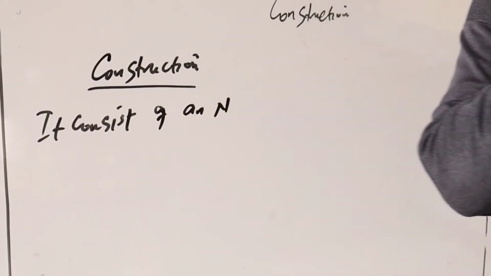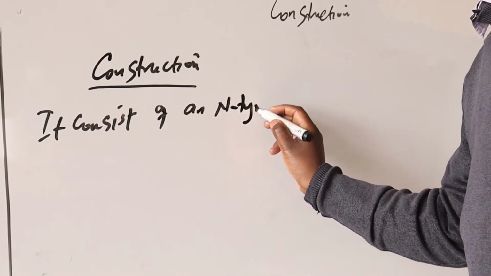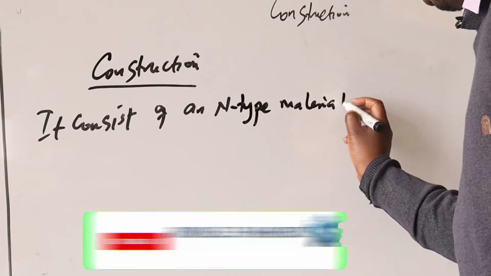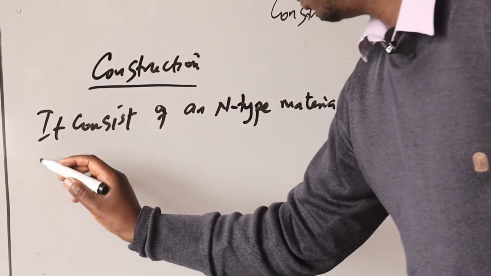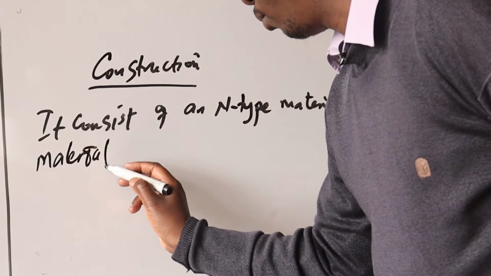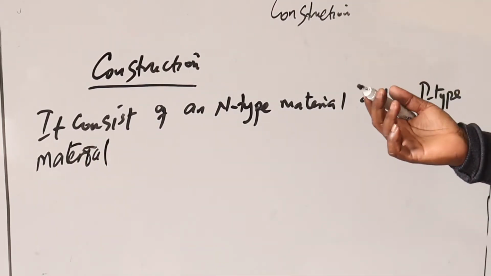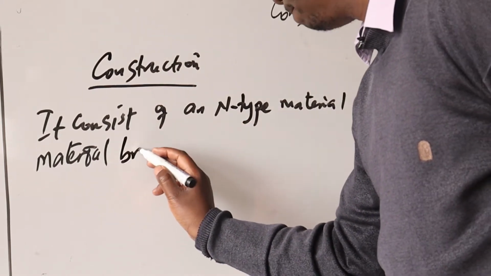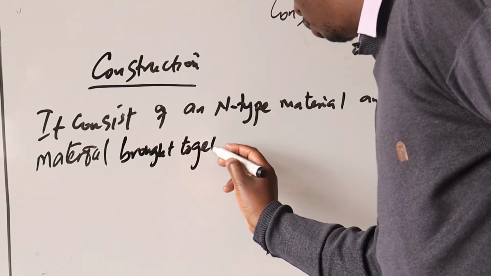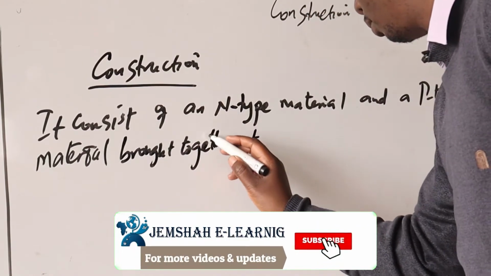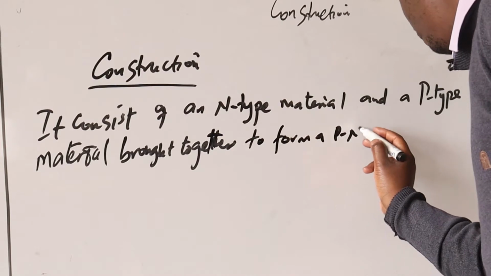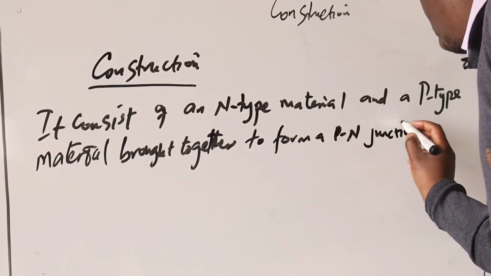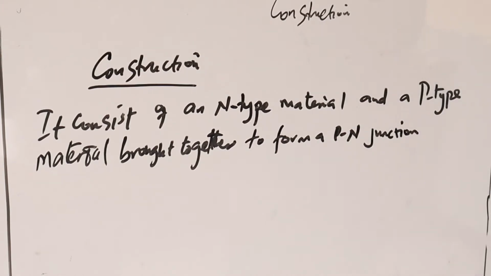It consists of an N-type material and a P-type material, because an N-type and P-type material are brought together to form a PN junction. When you see that, then we shall be able to see what happens.